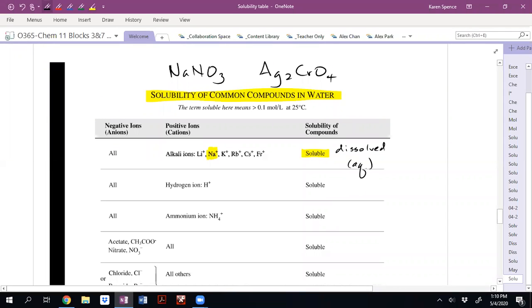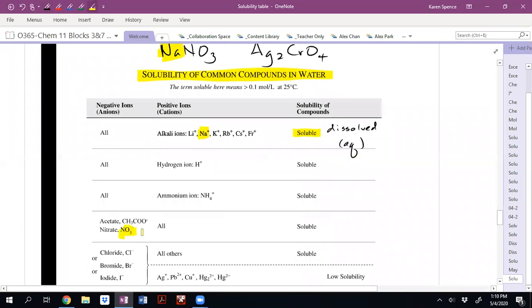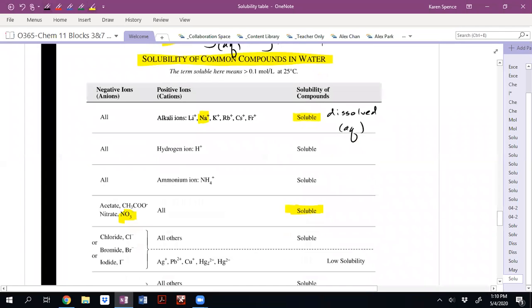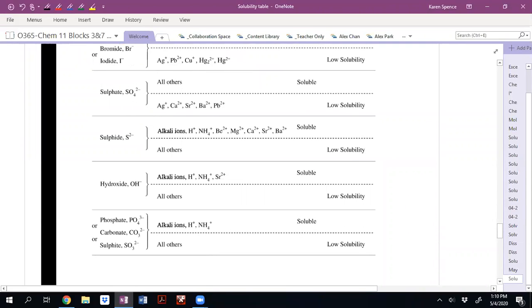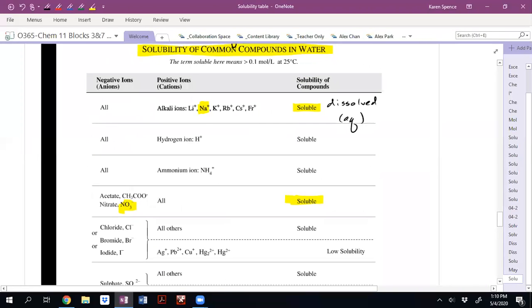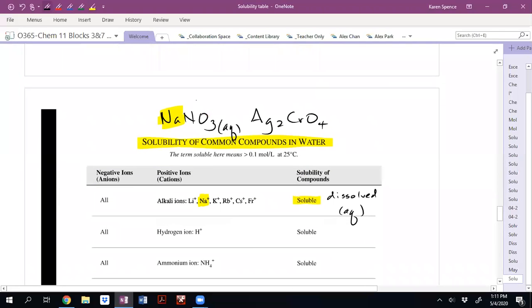That is not our precipitate. So that means that this one, which contains sodium, and in fact, it also contains nitrate, which is soluble with everything, is going to be aqueous. And chromate actually is not on this table. If you go looking for chromate, you're going to be out of luck. However, we are told that this does form a precipitate, and if the NaNO3 is not the solid, guess what that means?